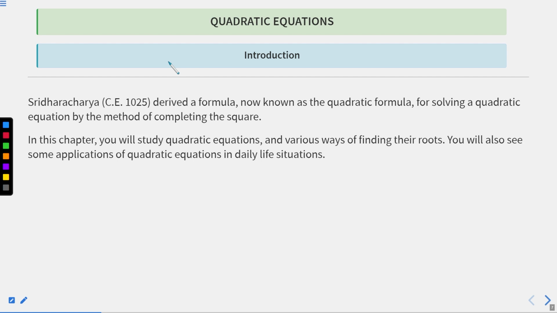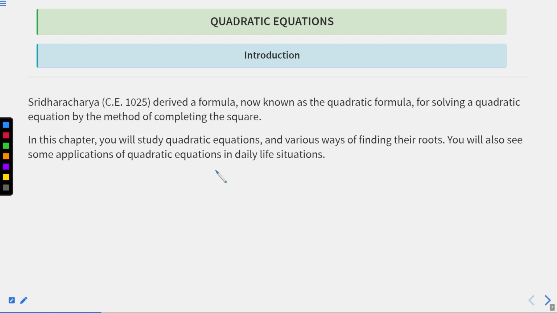It is a very helpful formula for solving a quadratic equation by the method of completing the square. So Sridharacharya's formula, or the quadratic formula, is a very important formula for solving a quadratic equation. It will help you to find the roots of the quadratic equation. What the roots of a quadratic equation are, we will learn in an earlier section.